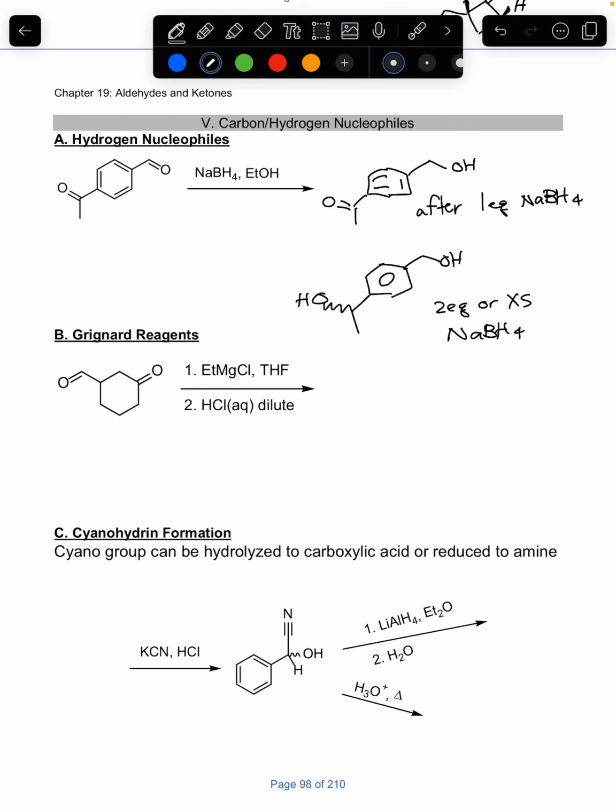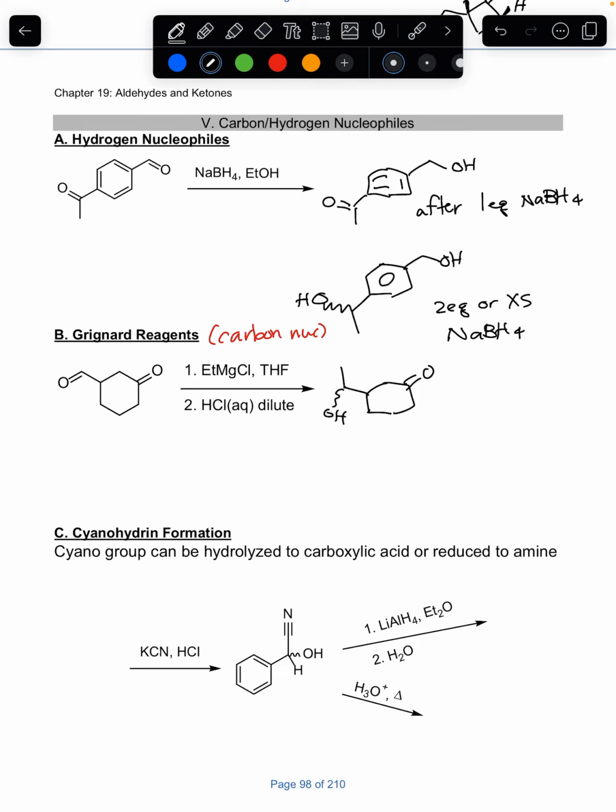Okay. So that's with a hydrogen nucleophile, but what happens if you have a carbon nucleophile like Grignard? Right, that's something we also discussed before, and just like you might expect, if you only had one equivalent of the Grignard, the most reactive carbonyl will be the aldehyde. So you could actually do a regioselective reaction here.